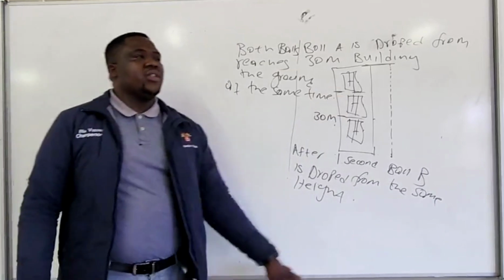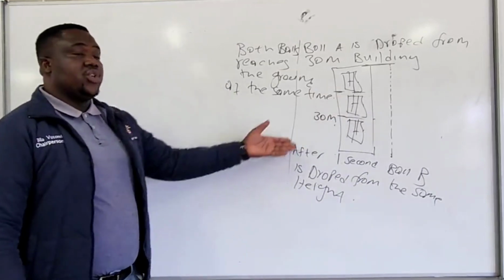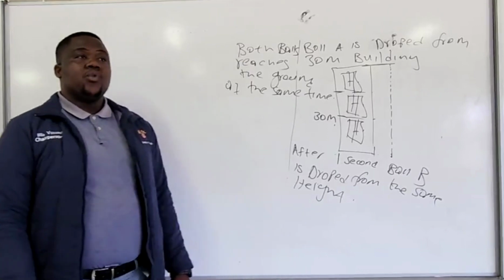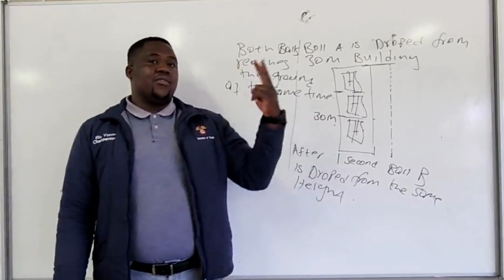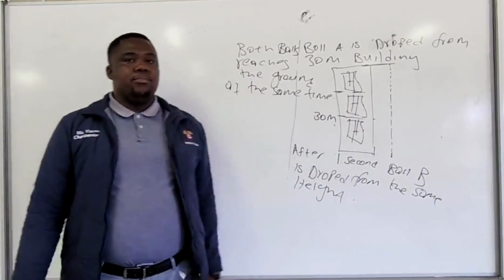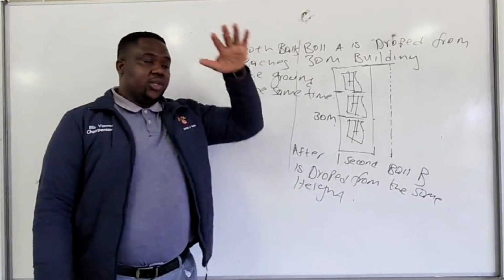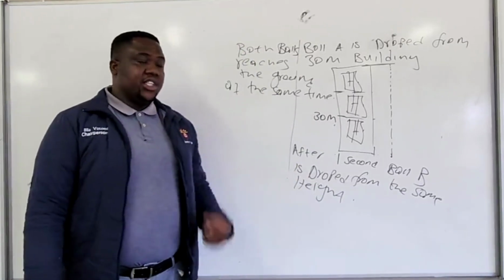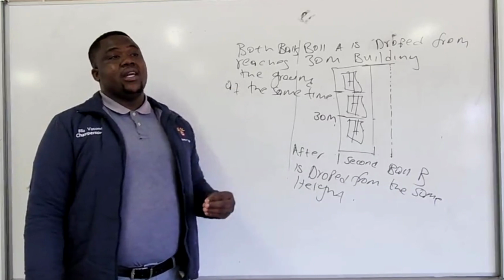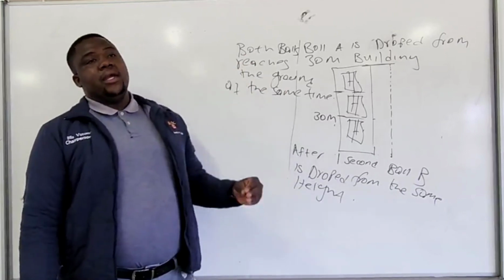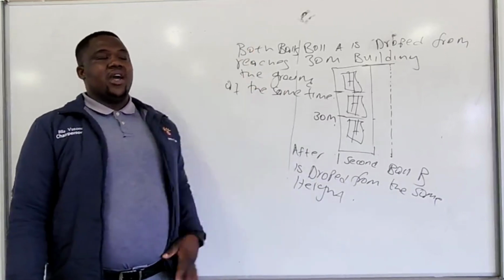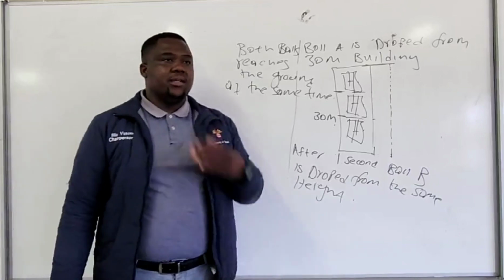This is a scenario that I've just created. I want to show you how to draw a position time graph for this scenario. We've got two balls, ball A and ball B. Ball A is dropped down and it reaches the ground. After 1 second, ball B is dropped down and both of them reach the ground at the same time.